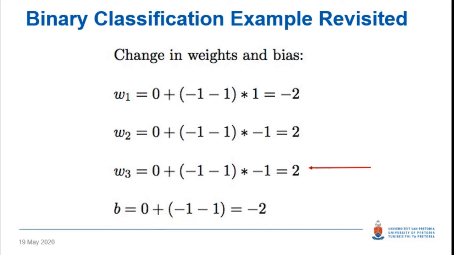The difference stays the same, and this time P3 is the same as P2, it's -1, so that gives us a value of 2 as well. Now the bias is its old value plus the difference between t and f of n. t is -1 in this case, and f of n is 1, so again we get -2.